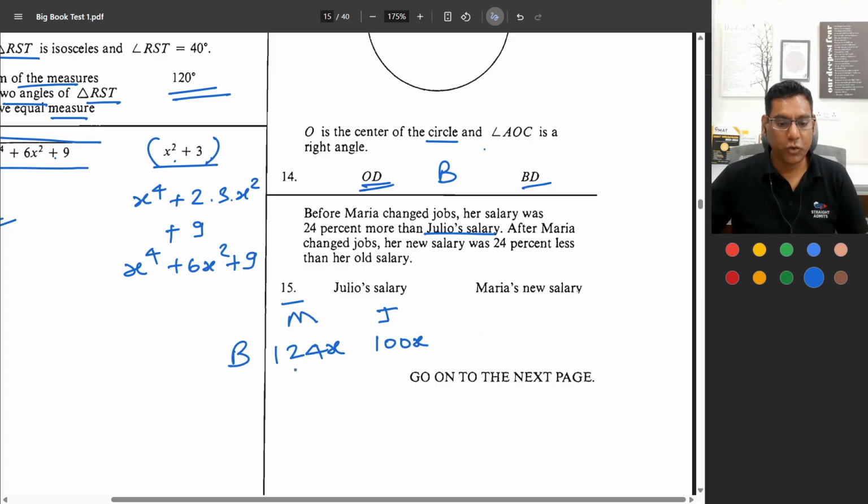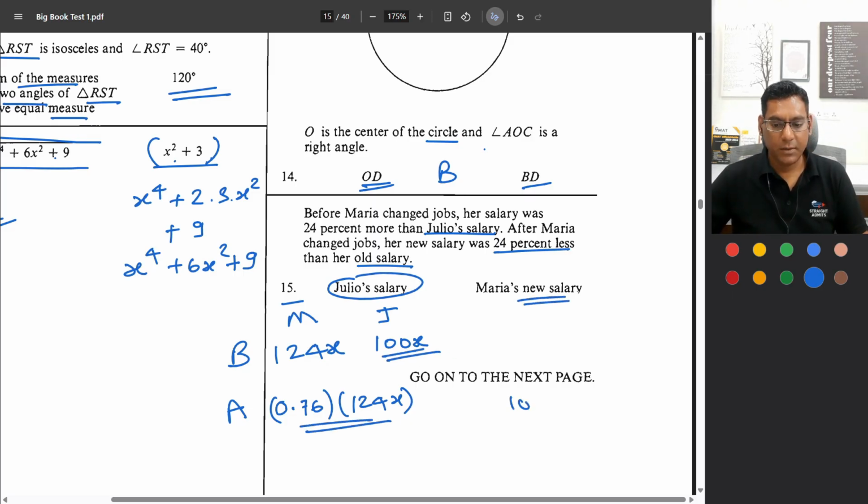After Maria changed jobs, her new salary was 24% less than her old salary. So that means it was 0.76 of 124x. And I have to compare Julio's salary, that is 100x, with Maria's new salary.